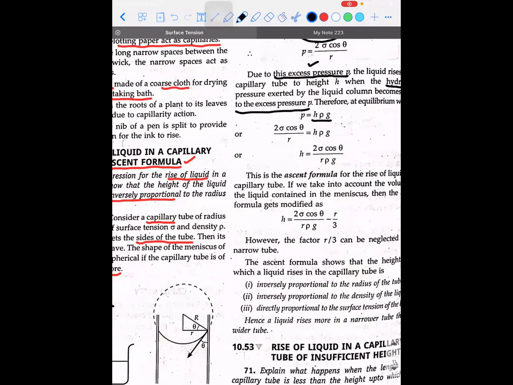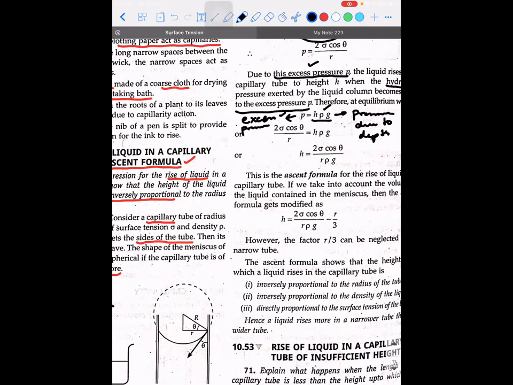Do you remember this formula? So this is the expression for excess pressure, and h rho g is the expression for pressure due to depth. When these two become equal, the further rise of the liquid is going to stop.